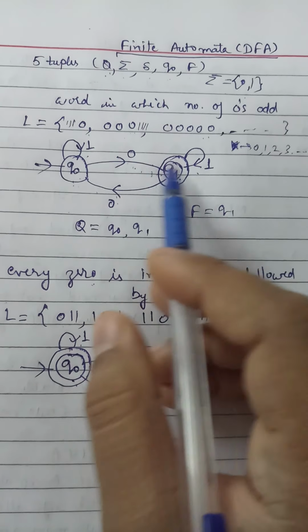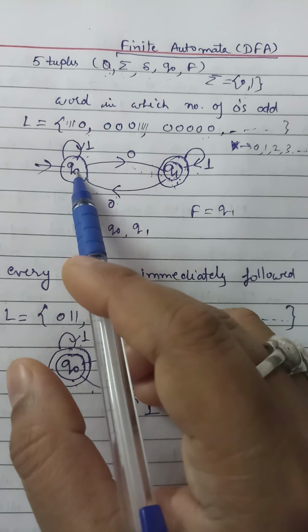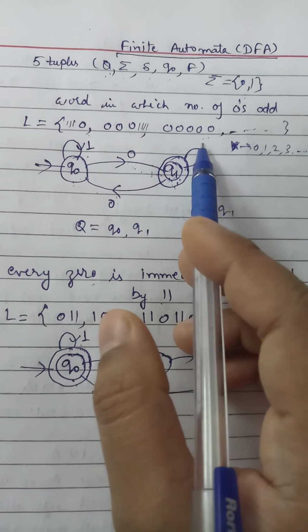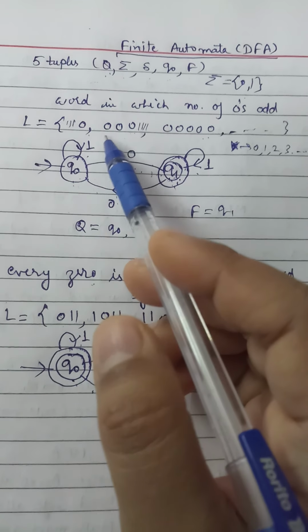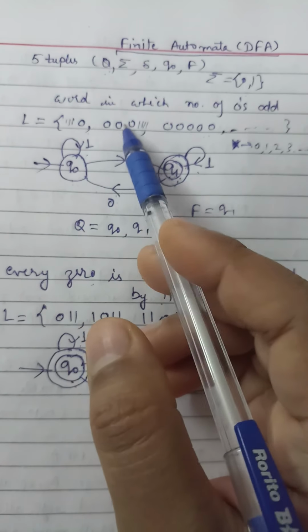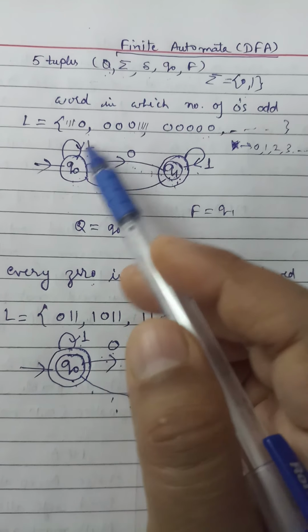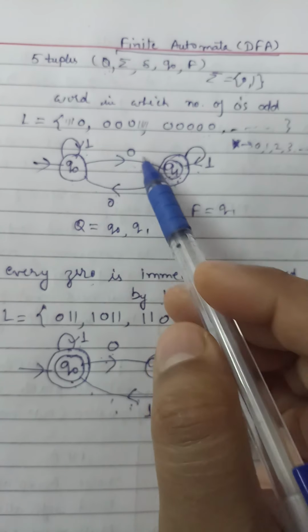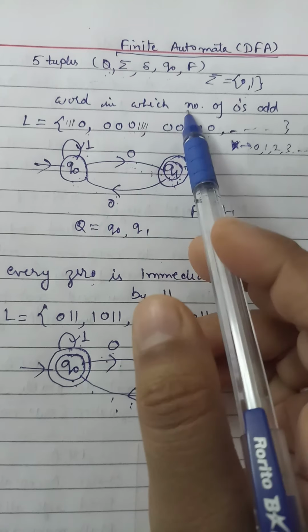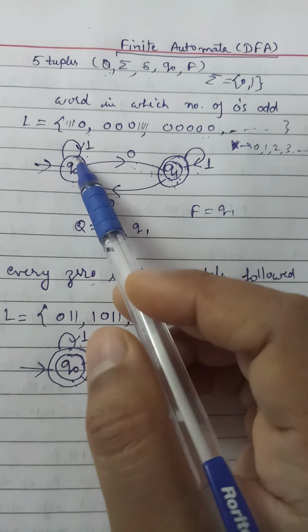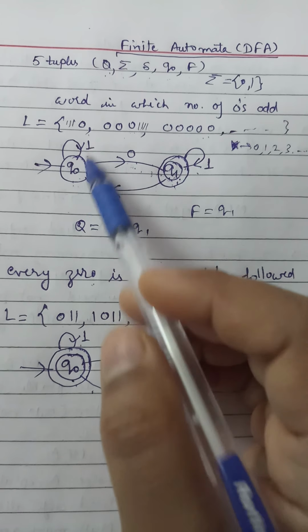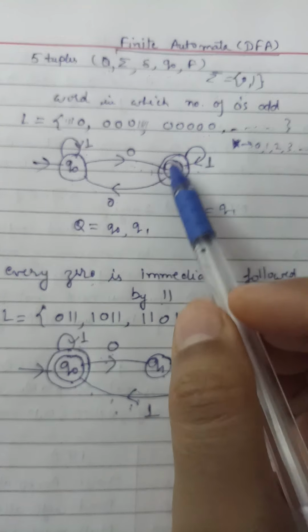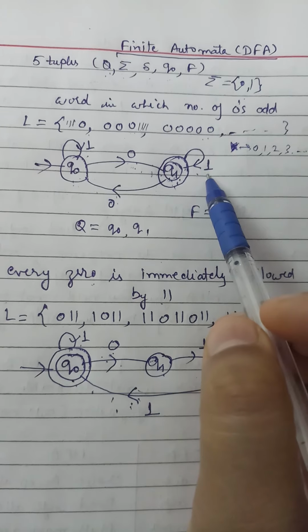If it moves, then we can get, suppose, 10 or 101010, like this also. Or if it does not move, then we can get only 0. So we need to control only the 0 values, not the 1 values. That's why we make a loop of 1 on Q0 and on Q1.